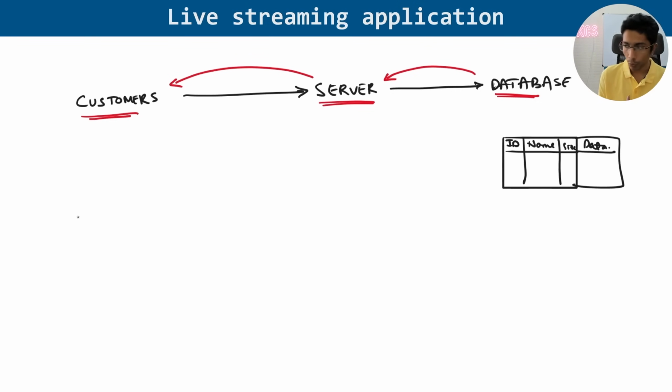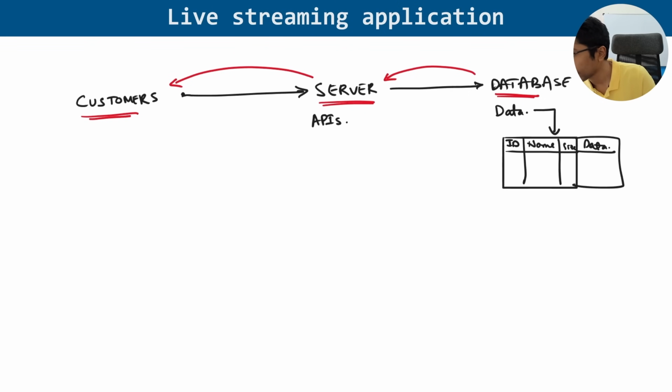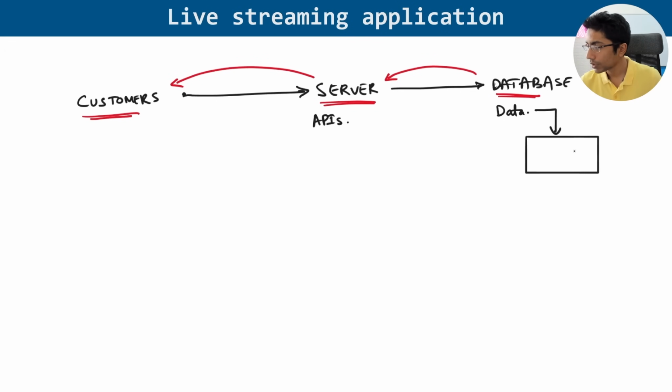I prefer the other approach where customers define their problems, which are then fulfilled using APIs on the server, which are then fulfilled by storing some sort of data in the database. And that data is then mapped onto tables, like so. And so for this system, this is the approach that we'll be using.